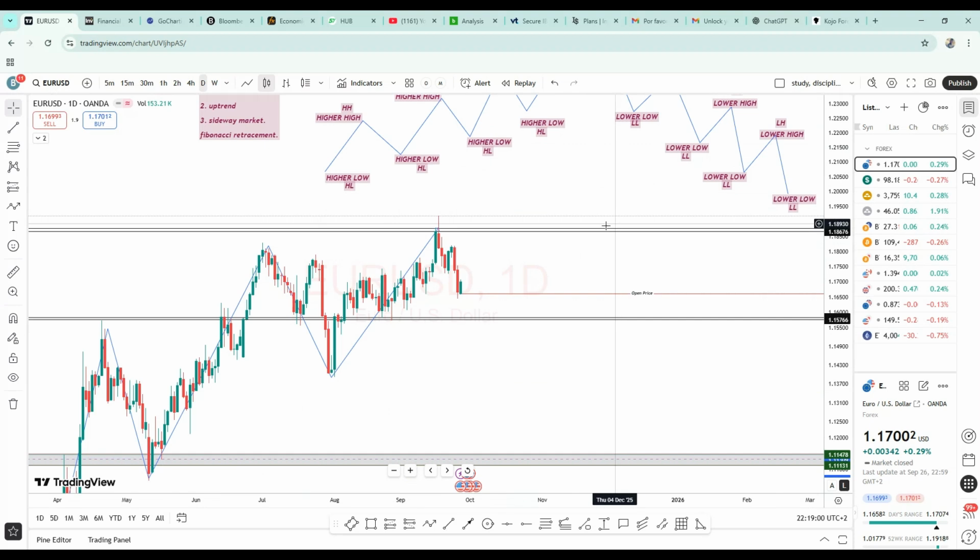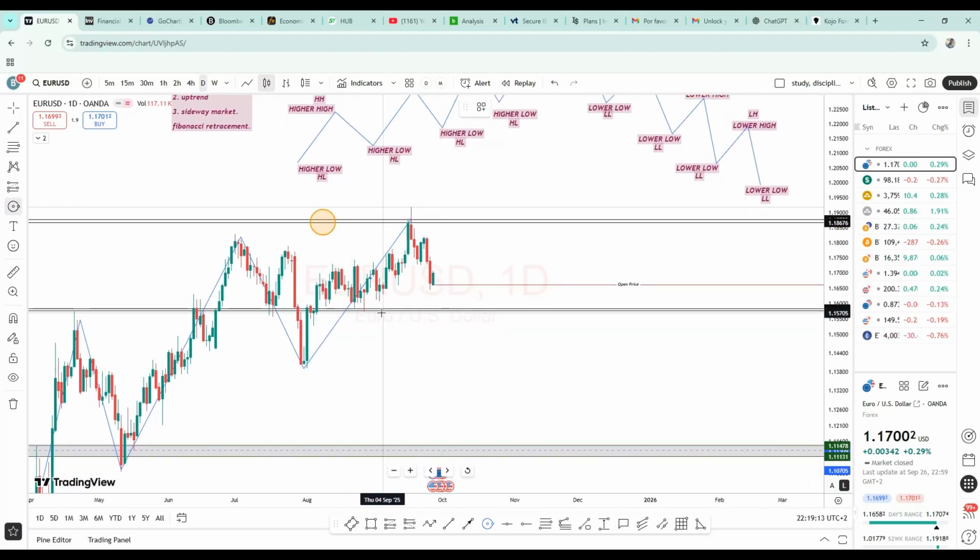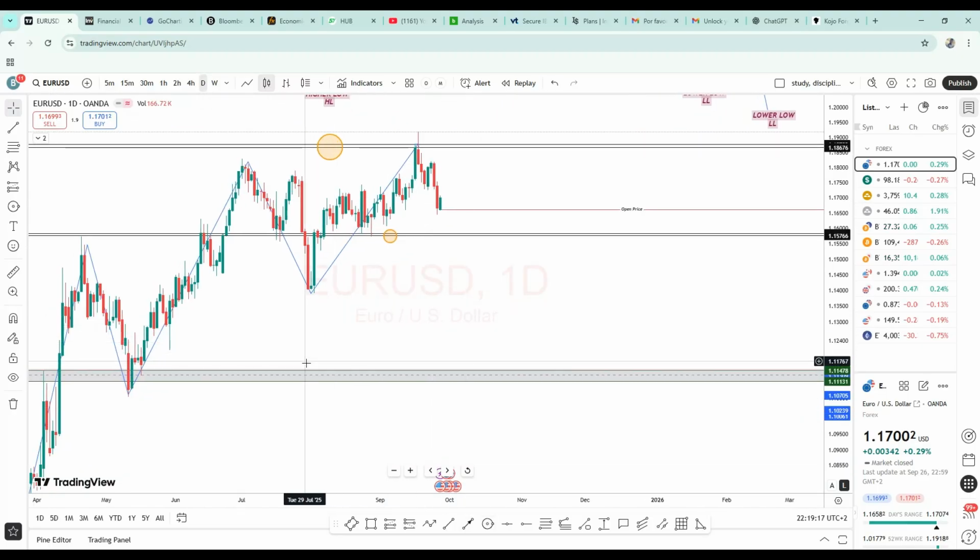You can see these two lines like this, and then another one below here. If you look very well to the downside, I still have another one here.